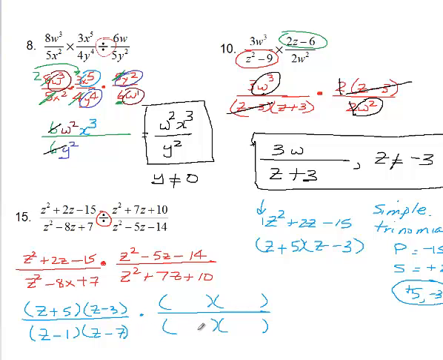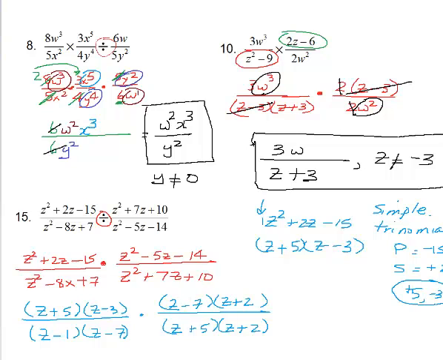That's going to give me positive 7 and a negative 8 in the middle. Negative 14 product and a sum of negative 5. I think most of you see that now. It's going to be z minus 7 and z plus 2. And a product of positive 10 with a sum of positive 7: z plus 5 and z plus 2. Now everything is multiplied.